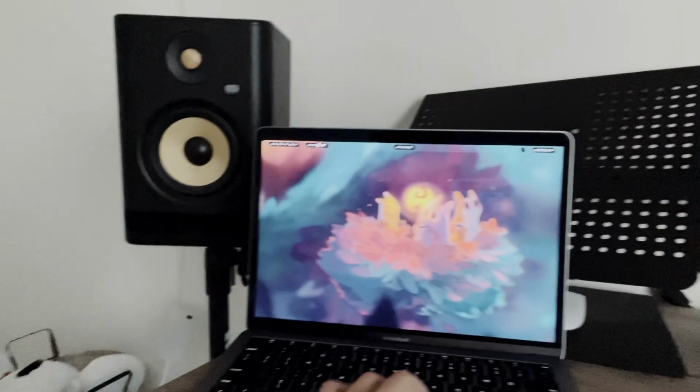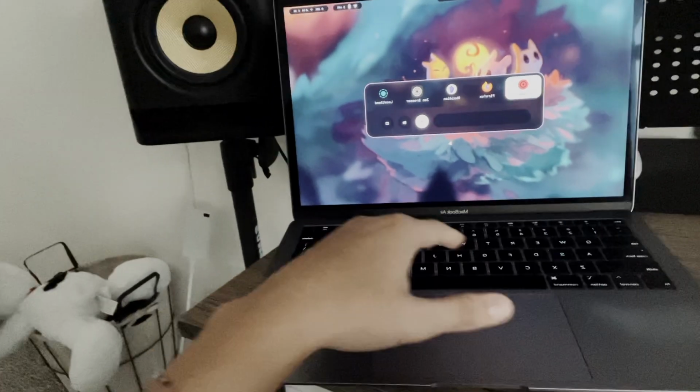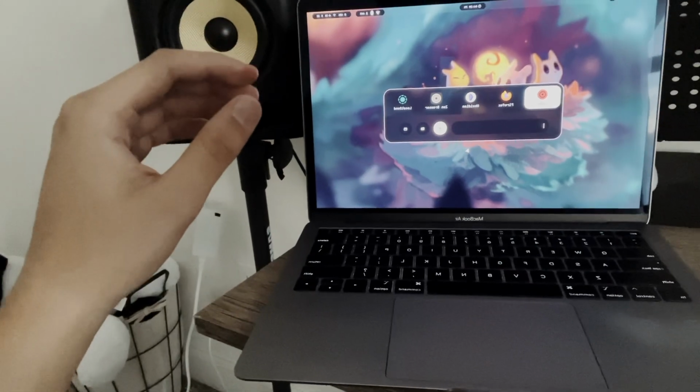So I'm just going to install NixOS instead of installing VirtualBox, because VirtualBox didn't like the kernel I was using due to having the trackpad and the keyboard working.